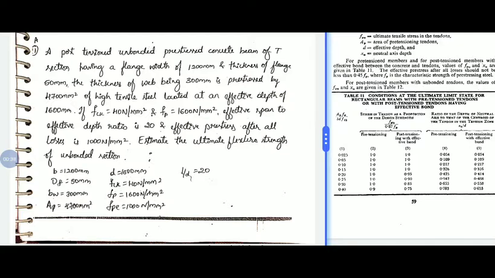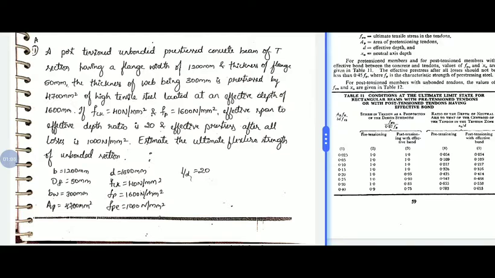If FCK equals 40 Newton per mm square and FP equals 1600 Newton per mm square, effective span to effective depth ratio is 20 and effective pre-stress after all losses is 1000 Newton per mm square. Estimate the ultimate flexural strength of the unbonded section.